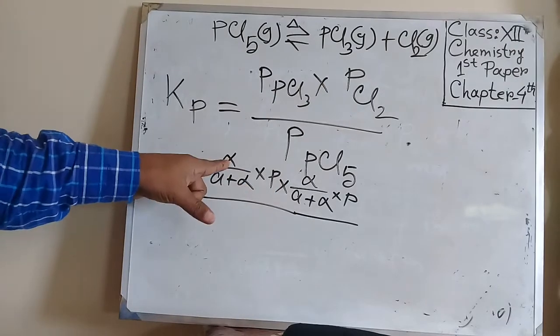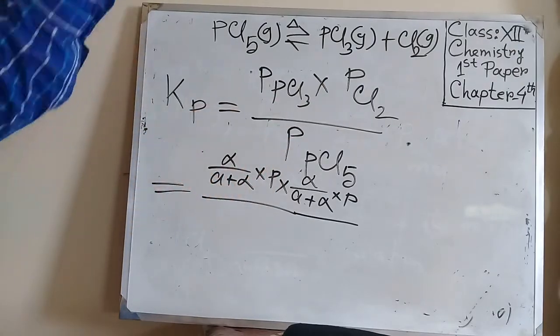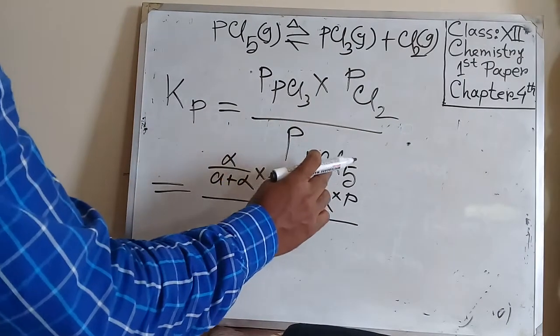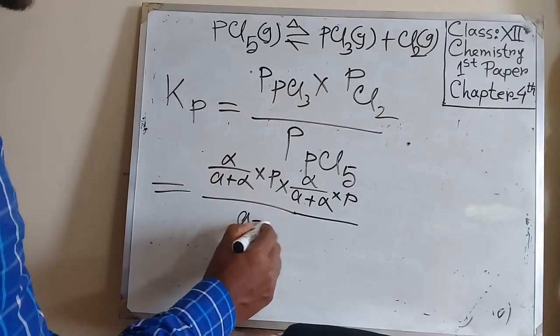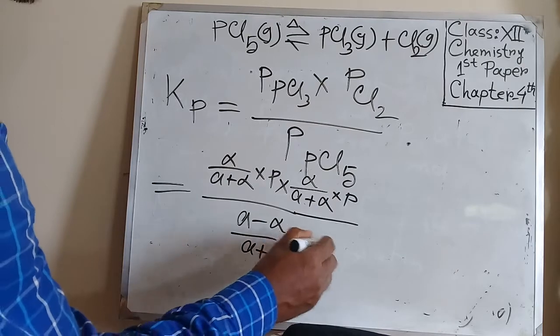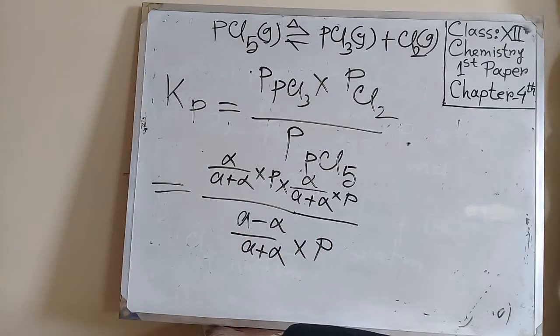Both are the same because we have the same number of moles on the product side. And what's the partial pressure of phosphorus pentachloride? It was A minus alpha by A plus alpha into P.